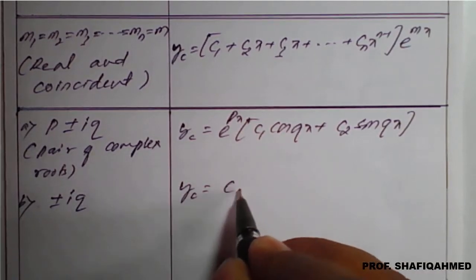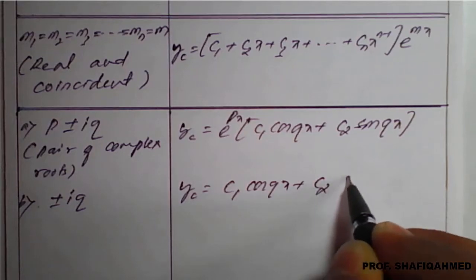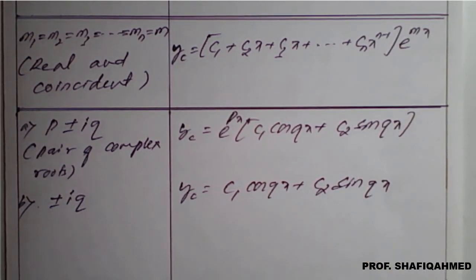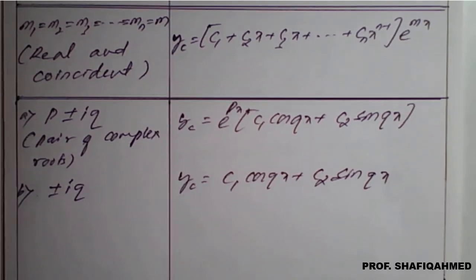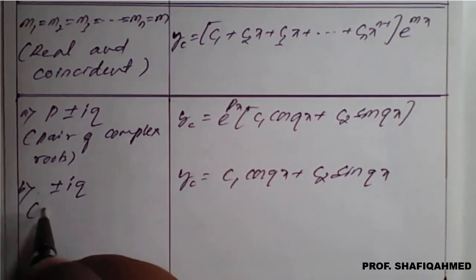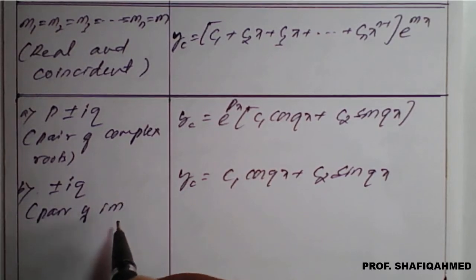So we only write c1 cos of qx plus c2 sine of qx. This is the complementary function only for the imaginary part. So this is a pair of imaginary roots, not complex, only imaginary.